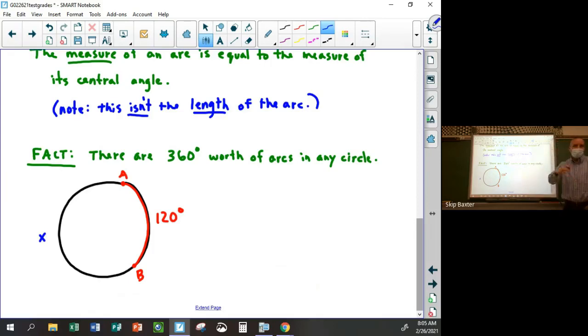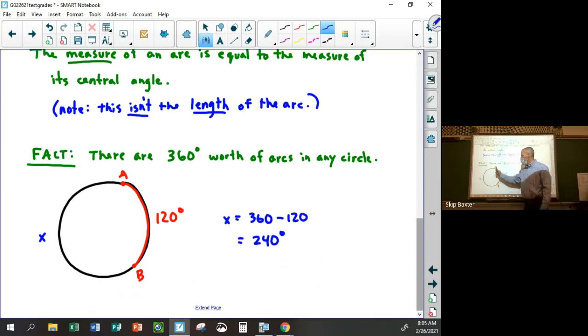You could just subtract from 360. So x would have to be 360 minus 120, which would be 240 degrees. You have to have a total of 360 degrees. So if this part of it is 120, then this part of it has to be 240. That's kind of easy.